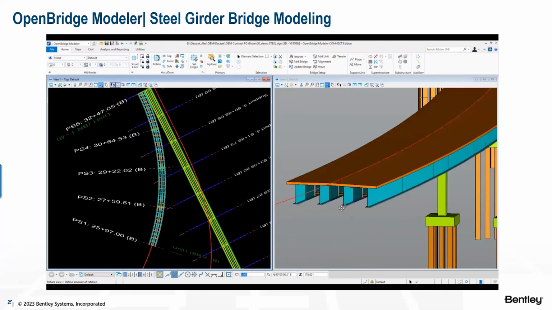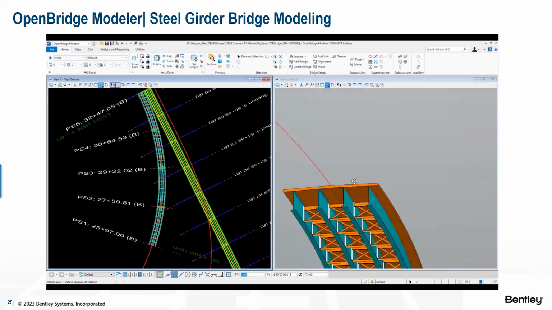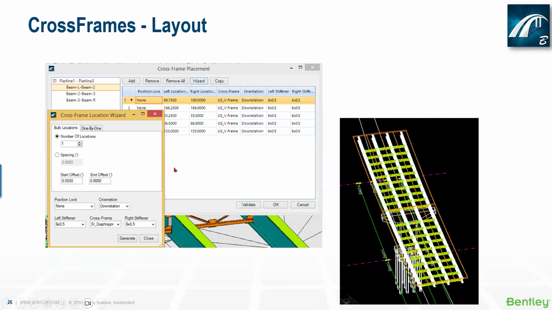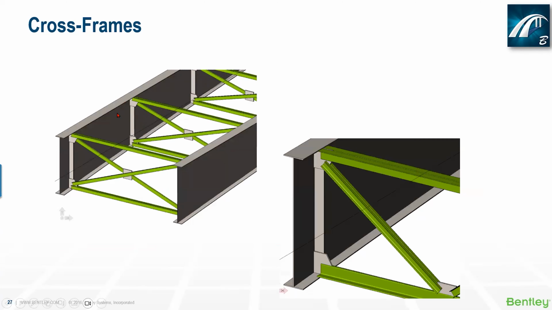And so here you see these cross frames that we have placed between the beams. So here we have a better view of what we can place when we remove the different elements, or we see it in transparency. And you see, this is the type of level of detail that we have on the cross frames.